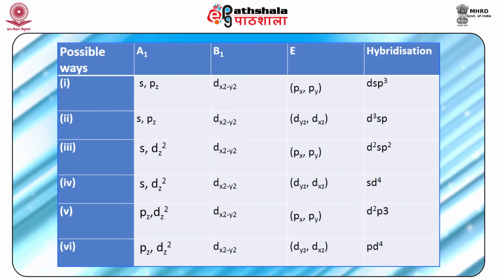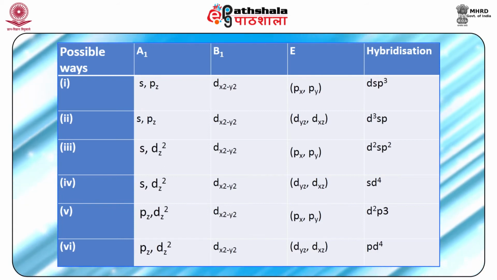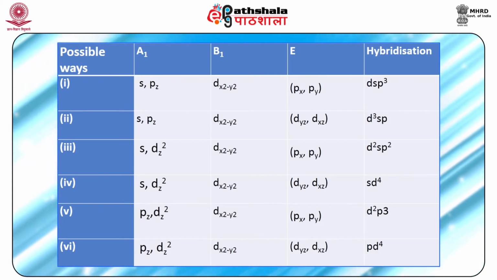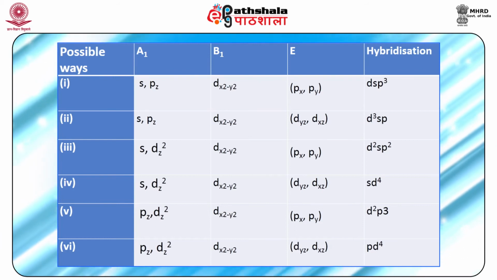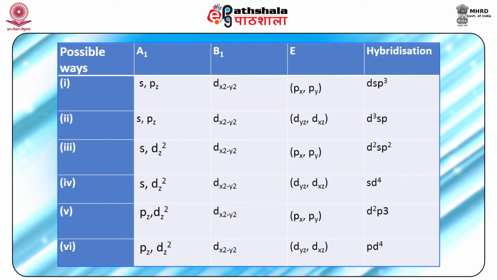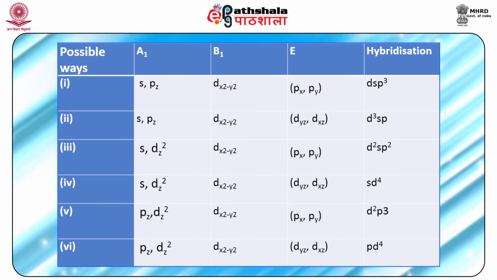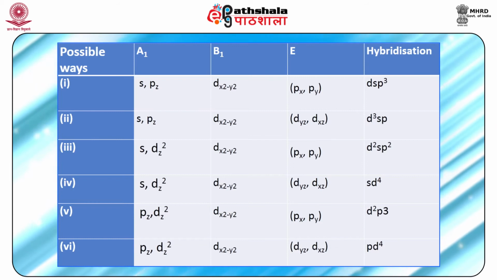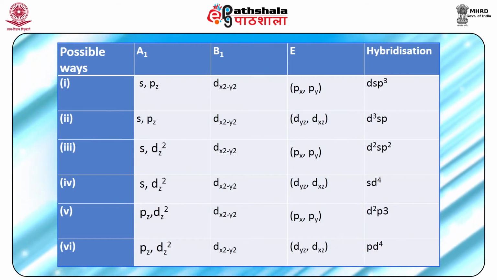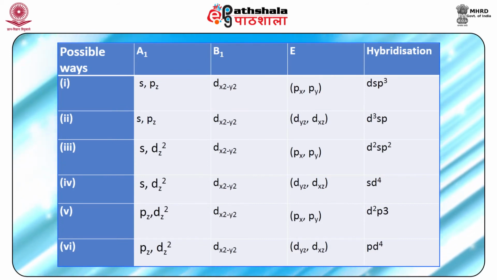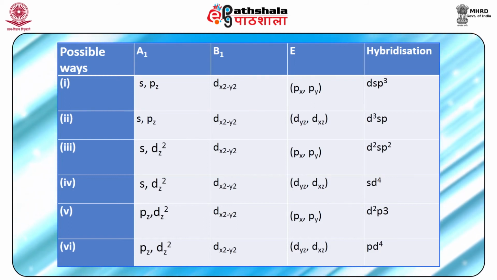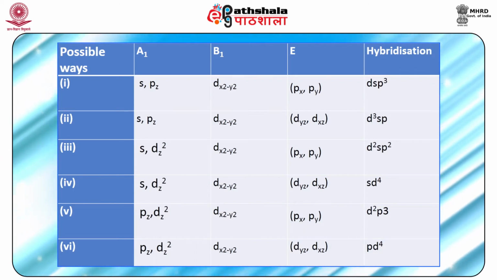Number 4 is s, dz square, dx square minus y square, dxy, dxz, that is sd4. The next is pz, dz square, dx square minus y square, px, py, and the hybridization is d2p3. And then we have pz, dz square, dx square minus y square, dyz, dxz, that is pd4.